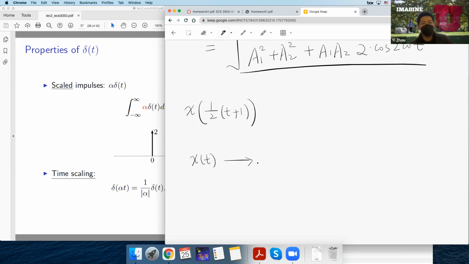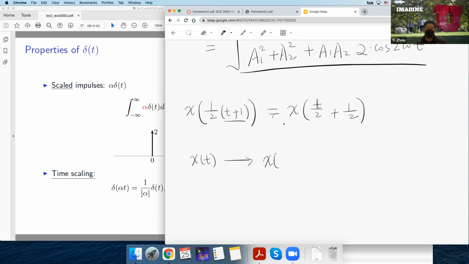So if we want to do shifting first, to 1, right? Because we have this t plus 1 here. Let's write this out: this is equal to x1 of half t plus 1 half.